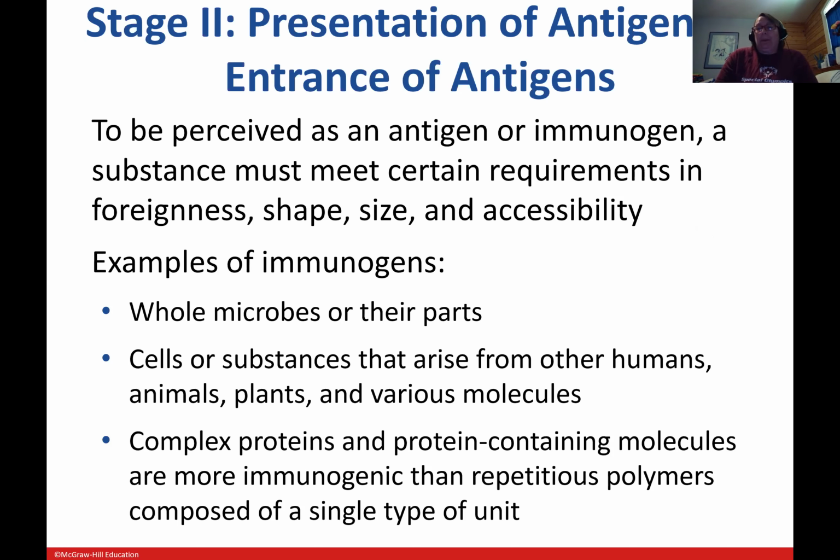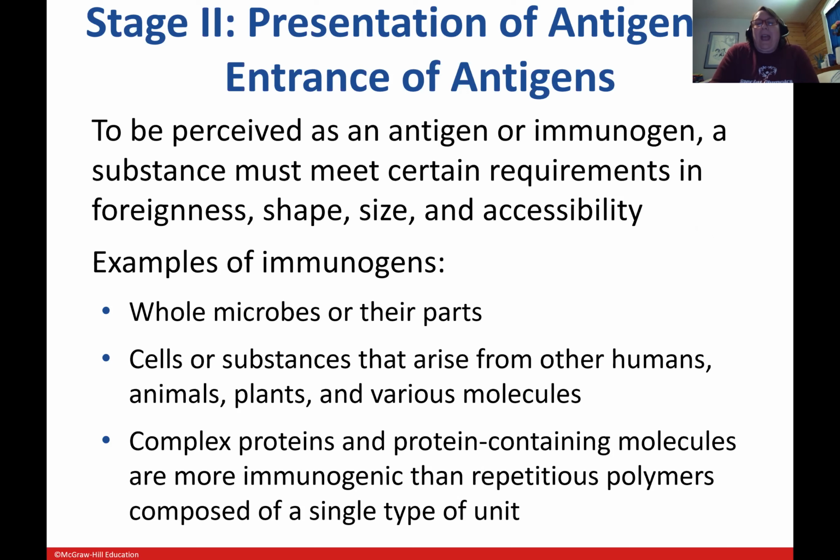Examples of things that are immunogens, in other words, things that are going to actually start an immune response, would be whole microbes, or in some cases, their parts. Remember that a flagellum is something that would start an immune reaction. So even if you just have flagellar proteins floating around in the vicinity of an antigen-presenting cell, that may be enough, okay? Cells or substances that arise from other humans, and in some cases animals or plants or various molecules from those organisms.